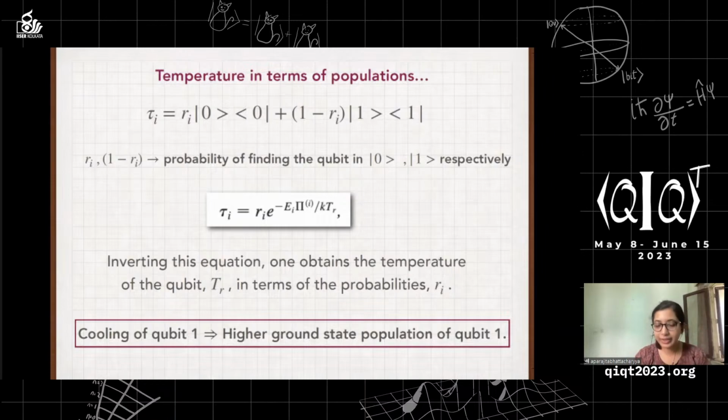They have defined the temperature in terms of the ground state population of the qubit, and we can see that as the temperature decreases, the ground state population Ri increases. So what do we mean by the fact that we want to cool qubit 1? We want to increase the ground state population of qubit 1. That is how we ensure the refrigeration.